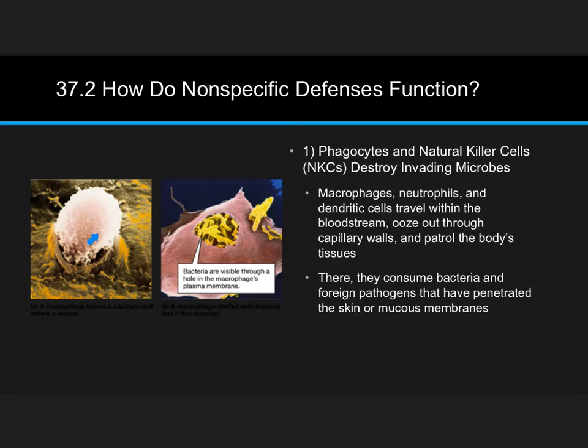It's not specific to a particular virus or bacteria. It's just going to try to kill anything that it finds that's not natural. There they consume bacteria and foreign pathogens that have penetrated the skin or mucous membranes. You can also see here a macrophage stuffed with bacteria that it's ingested. Having eaten all this stuff, it's then going to break that down.